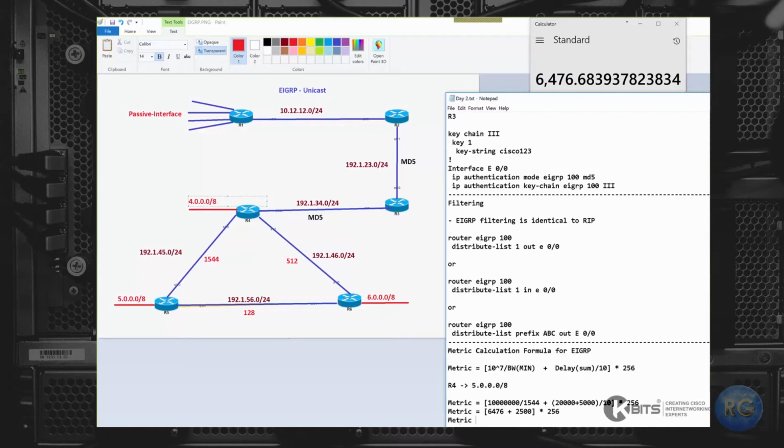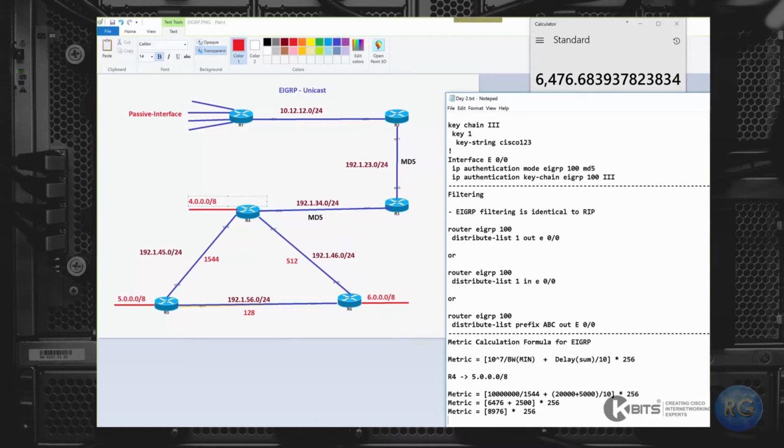So the metric over here is 8976 times 256.